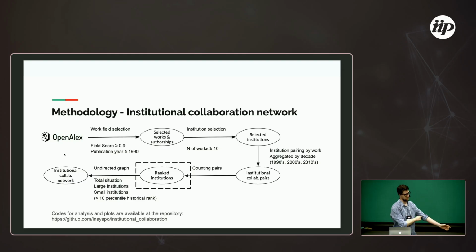The largest institutions are those above the 10th percentile in the data, and the others are considered small institutions. Then we built the undirected graph of the institutions' collaboration networks and compare the total network, the large institutions, and only the small institutions.